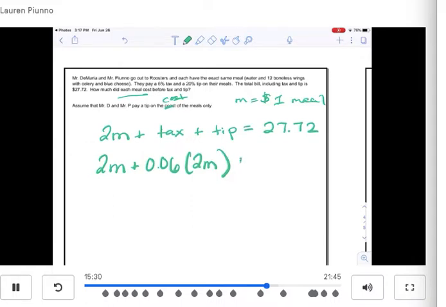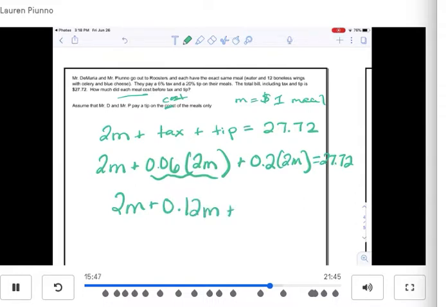And then they also tip 20%, that's 20% as a decimal, of the 2 meals. And that's $27.72. So now, let's simplify that. And let's simplify this. Let's add all of this, because those are all like terms.